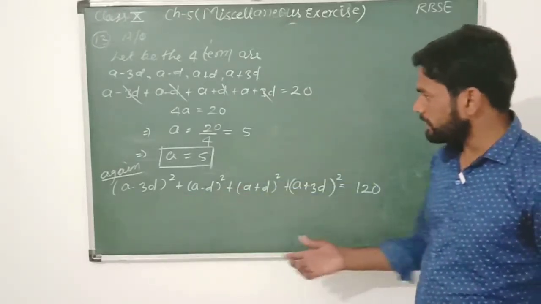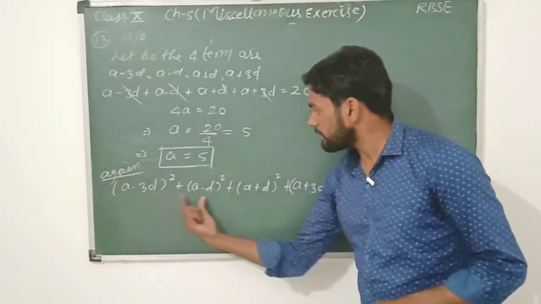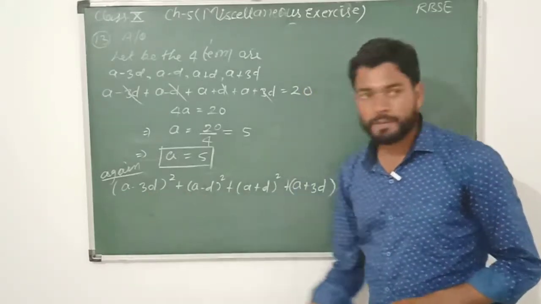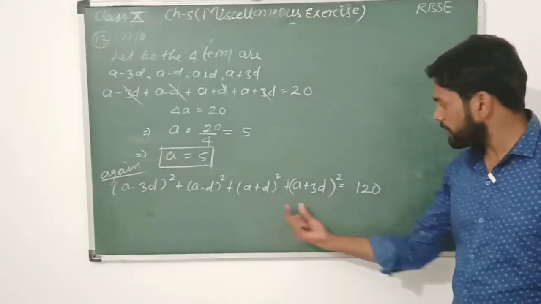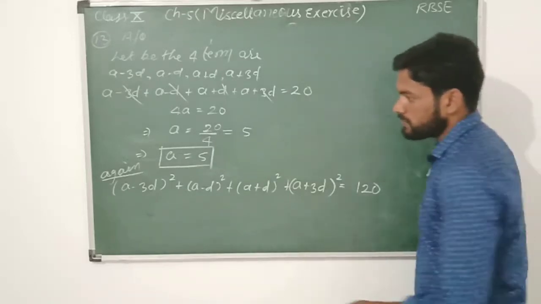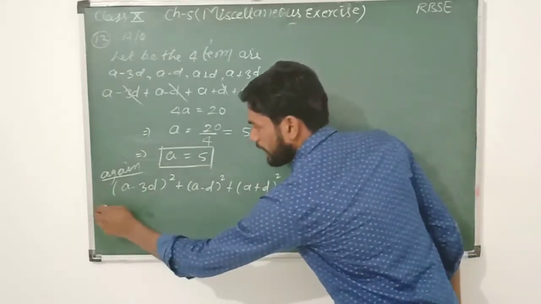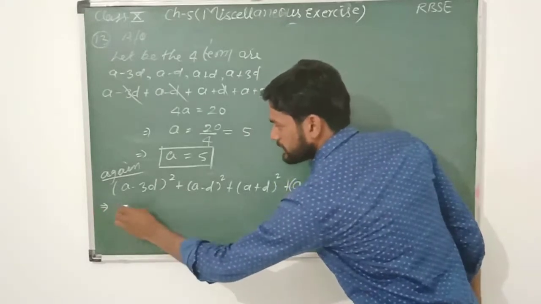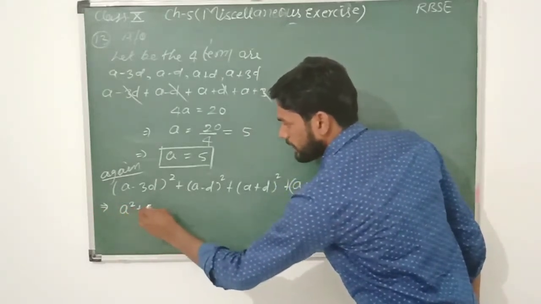Now open all the brackets. I am applying the identity (a minus b) whole square for these two and (a plus b) whole square for these two. I am writing directly and you will verify yourself.